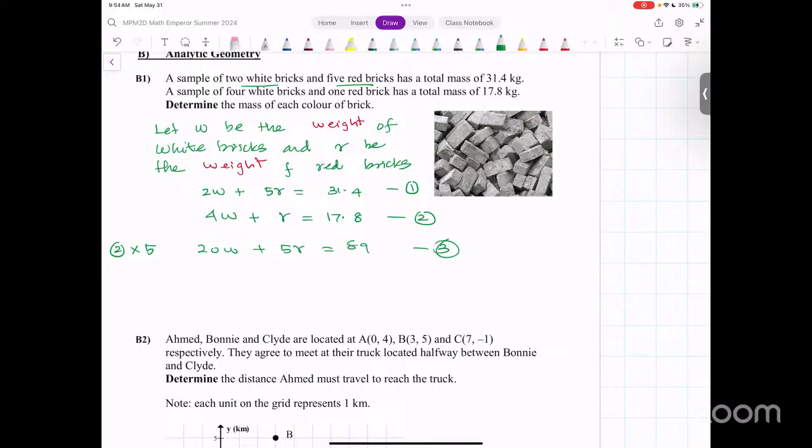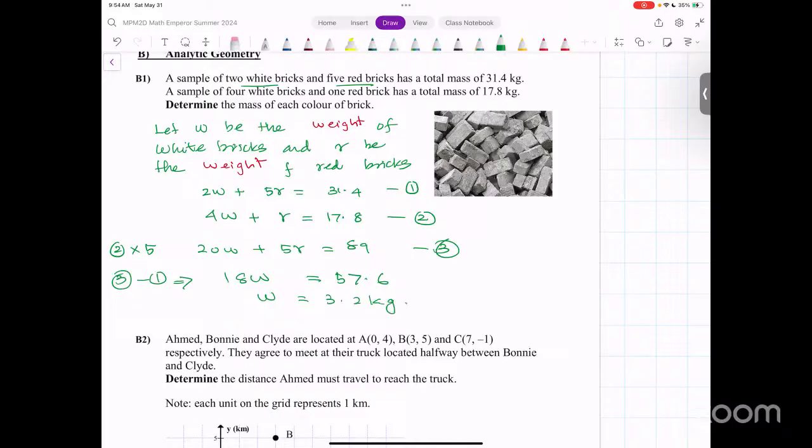Equation number 3. Then I'm going to do 3 minus 1. 18W equals 89 minus 31.4, 57.6. So W is 3.2 kilograms.